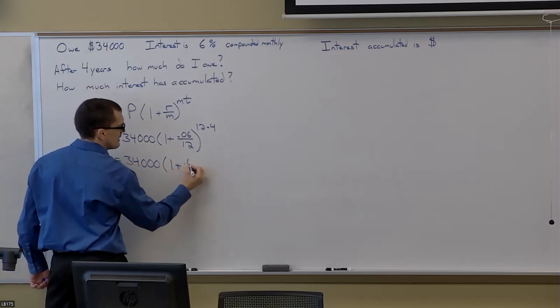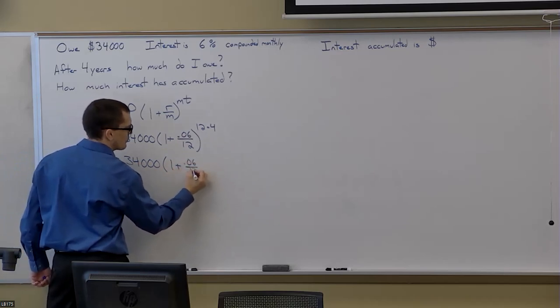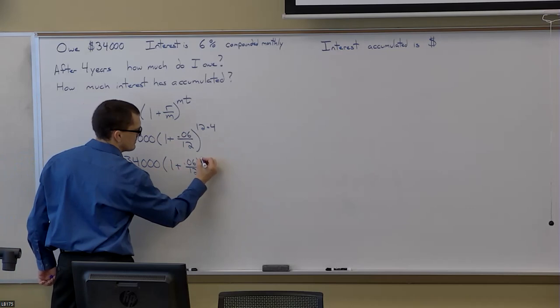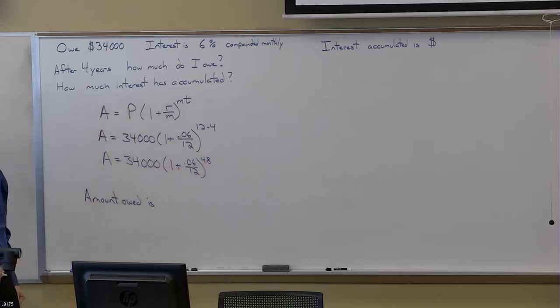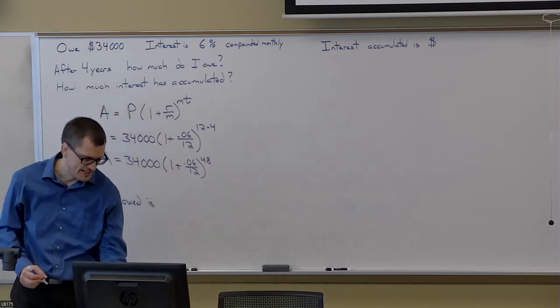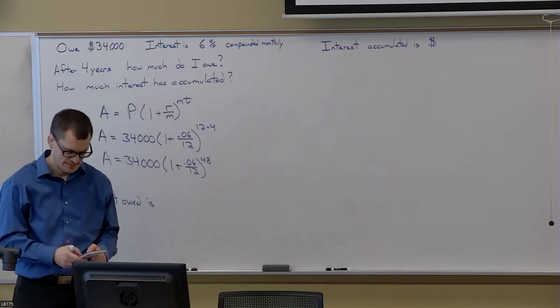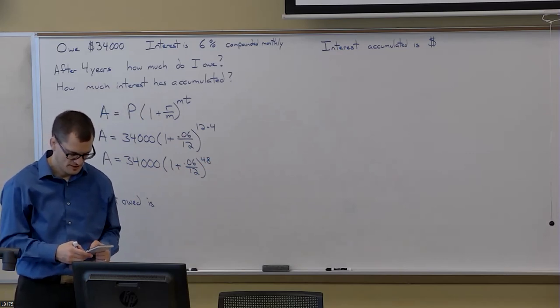That is 48 compounding periods. So 4 years is 48 months, right? So I just need to type that in just like we've done in every other scenario.